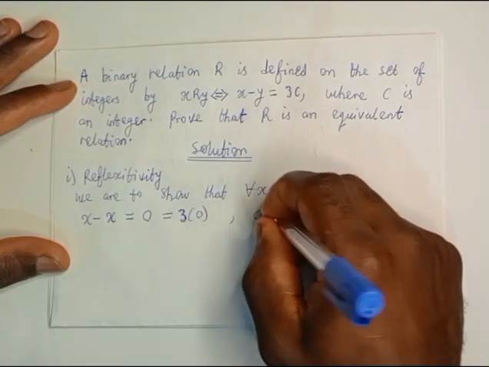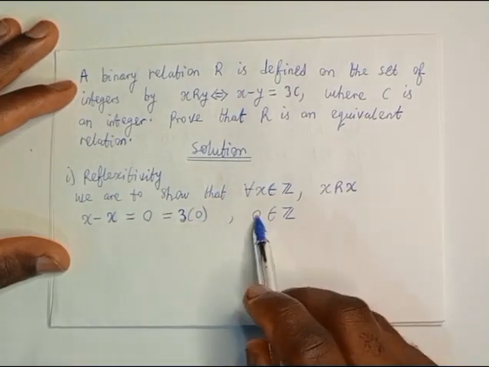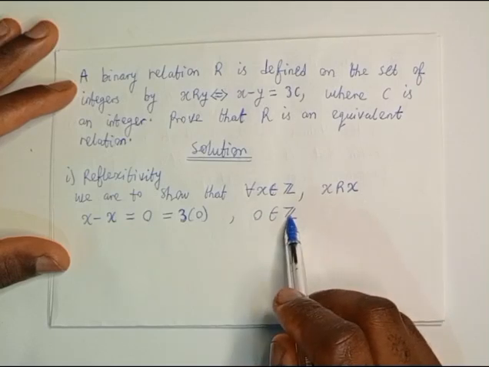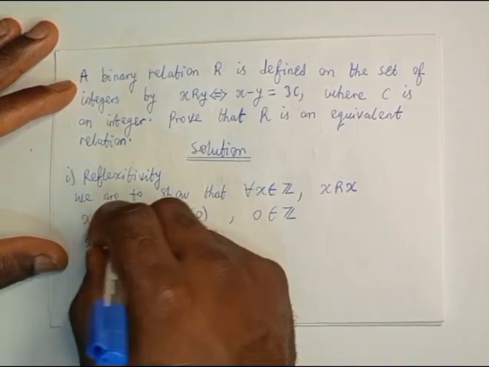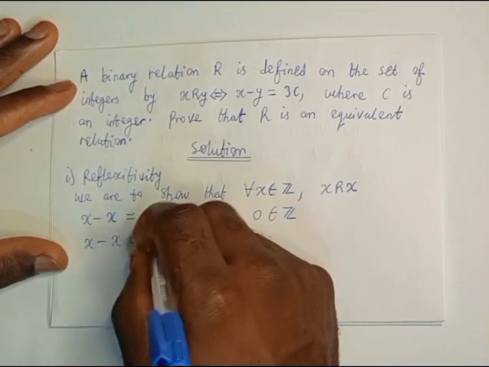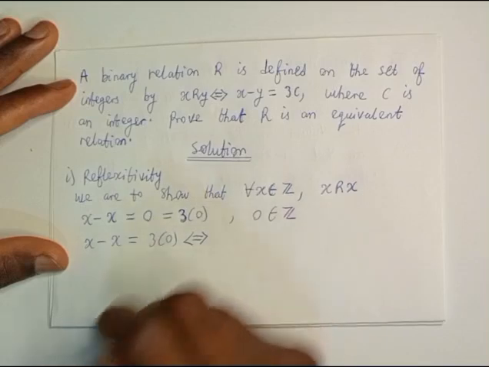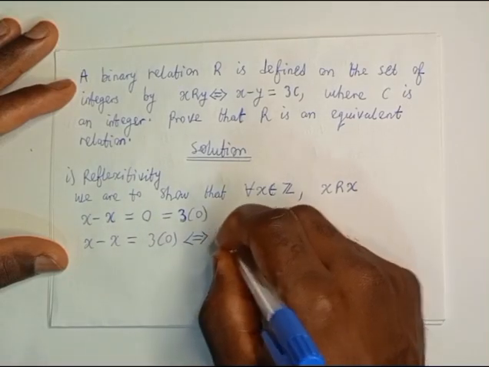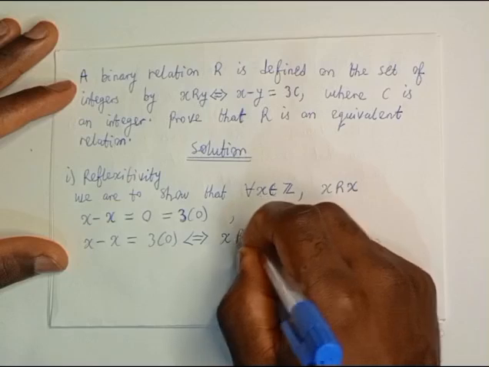Remember, 0 belongs to the set of integers. In this case, our c is 0, which belongs to the set of integers. x minus x equals 3 times 0 if and only if x is related to x.